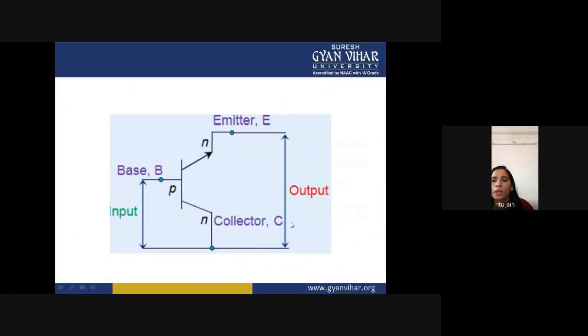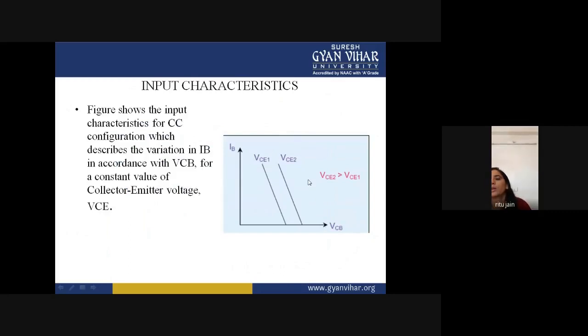So you have to keep the collector emitter voltage constant, and then you have to see how the input current will change if you change your input voltage. So this is the input characteristic of a transistor in common collector configuration. You can see over here that when you are increasing the voltage, the current also increases. After some time, the voltage reduces.